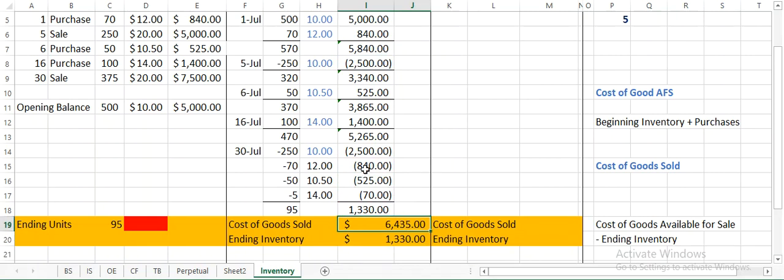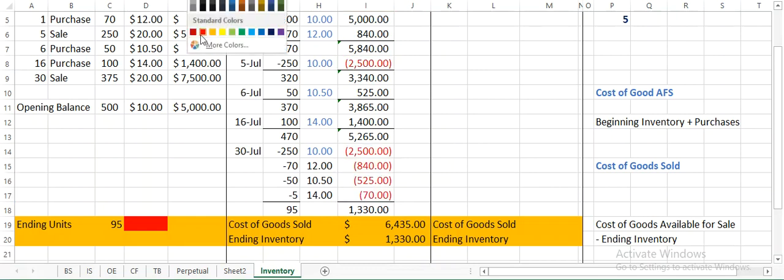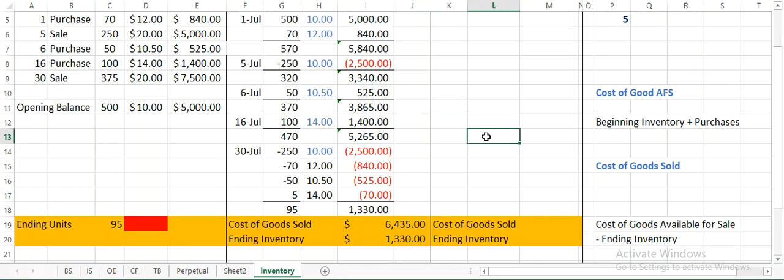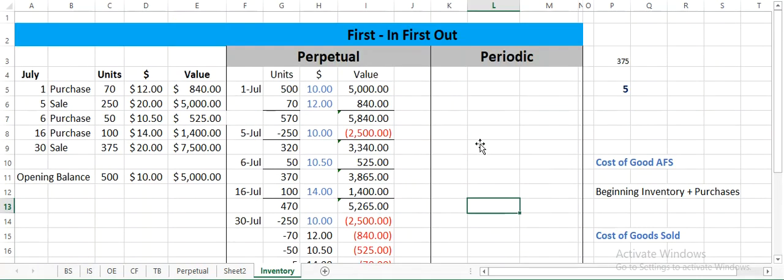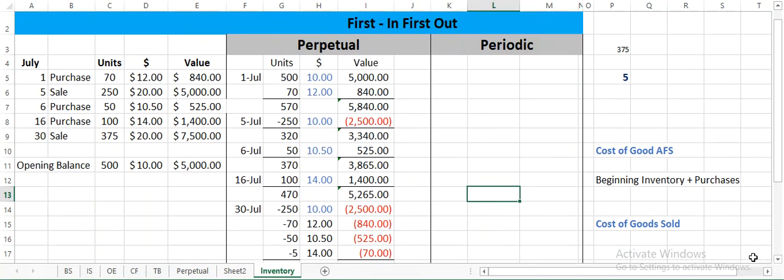So to get my cost of goods sold, I had to add up all of these, and that would have given me the cost related to the first in, first out method. Okay, and that's all there is to it. I know it's a lot, for the first in, first out method, perpetual.